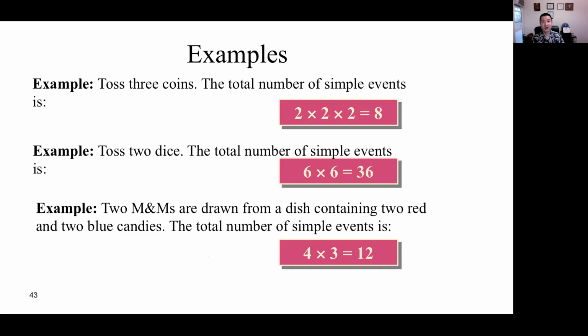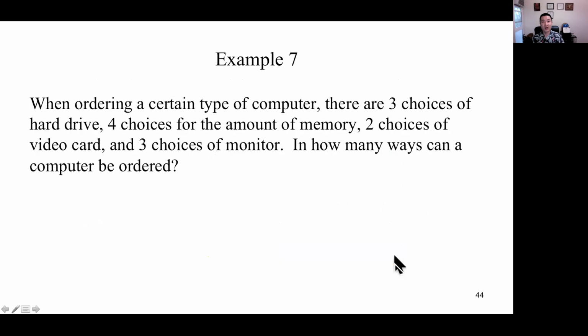But after the first pick, we have 3 candies remaining. So the second pick, we only have 3 possible outcomes. So 4 times 3, 12 possible outcomes for this experiment. So those are the simple examples of the counting method. And let's continue.